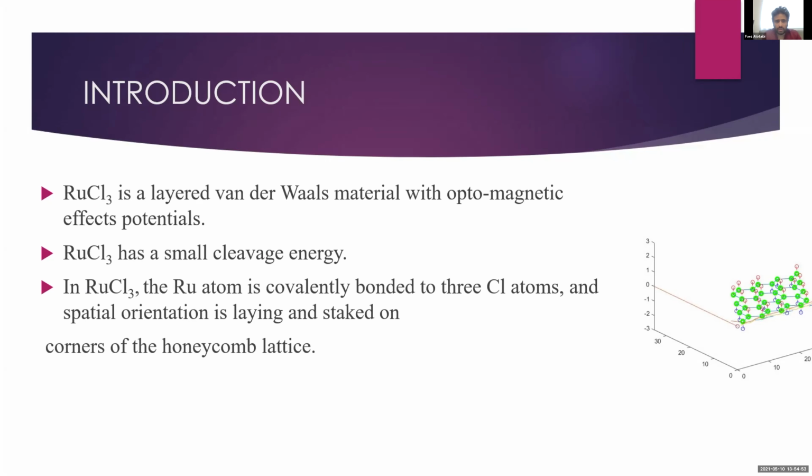Ruthenium chloride is a layered van der Waals material with optomagnetic effect potentials. It has a small cleavage energy, and each ruthenium atom is covalently bonded to 3 chloride atoms, and the spatial orientation is layered and stacked on the corners of a honeycomb lattice.